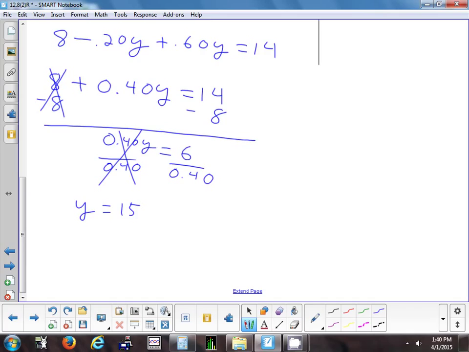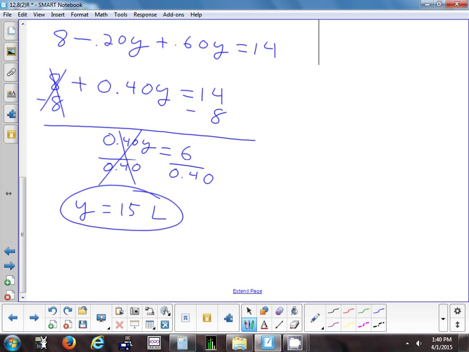What's your question? How do you get 15 by dividing? It's confusing. It's a decimal. When you divide a number by something less than 1, it gets bigger. It's just the way it works. So take 6, divide by 0.4, we get 15 liters.